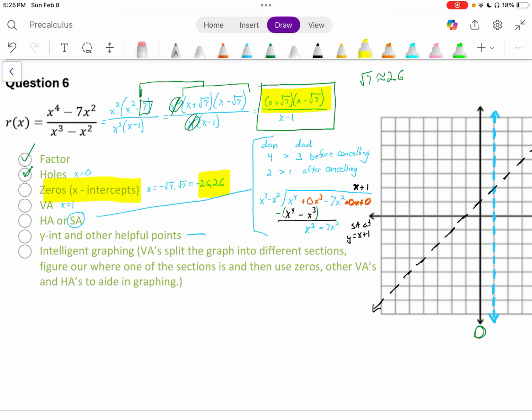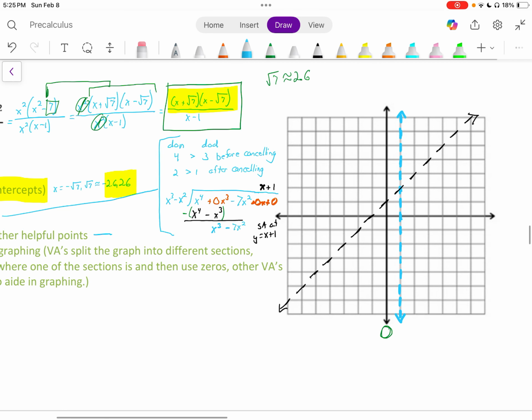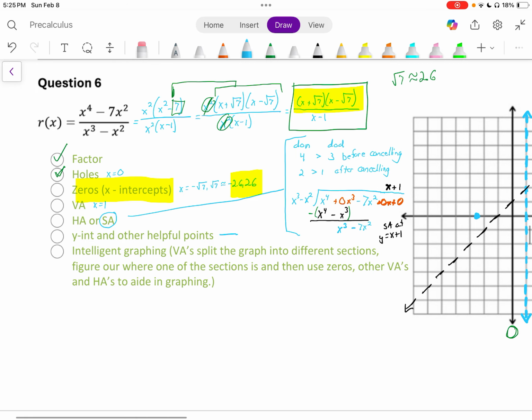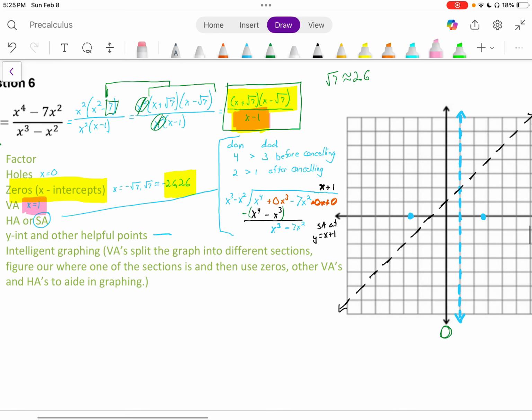Oh, there I did write negative 2.6 and 2.6 there, so let's put zeros at approximately negative 2.6 and positive 2.6. Vertical asymptotes occur when the denominator is equal to 0, which would be 1. So we have a vertical asymptote at x equals 1, which you see drawn there already.